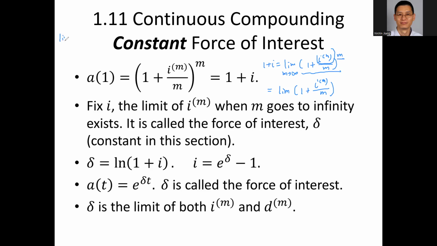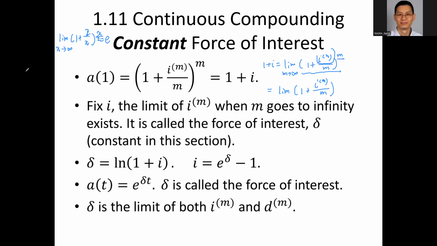Let me write somewhere here. The limit of (1 plus 1 over x) to the x when x goes to infinity equals e. If you have 2 here, then you need to work with x over 2 here, and then you also get e.